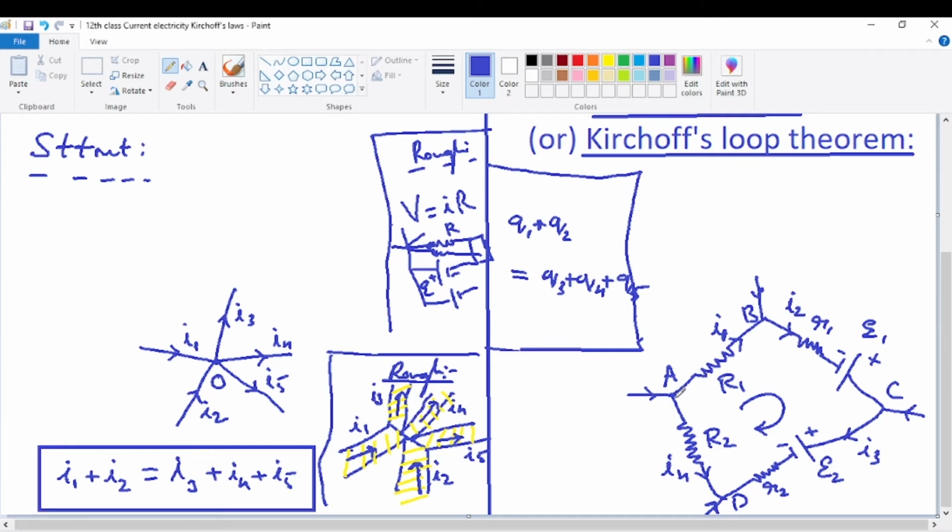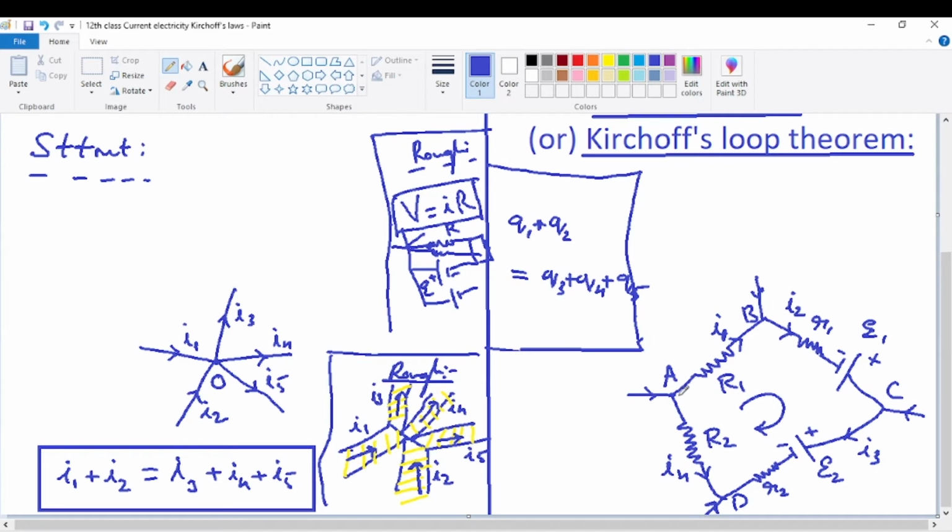Now as we travel around the circuit completely once, from A to B there is a potential difference across AB. How is it determined? Using Ohm's law. Always the potential difference across a resistor is given by current into resistance. Already we have seen this equation, Ohm's law. It's a very powerful law. Applying Ohm's law, we can easily find the potential difference.